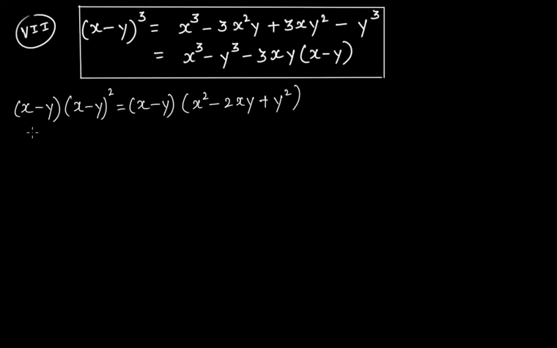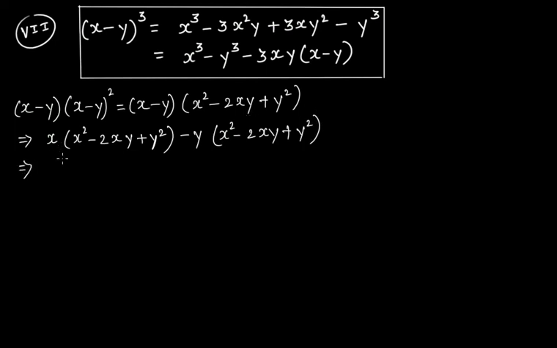So from here you get x, and this is x multiplied by x squared minus 2xy plus y squared, and then you have minus y, x squared minus 2xy plus y squared.